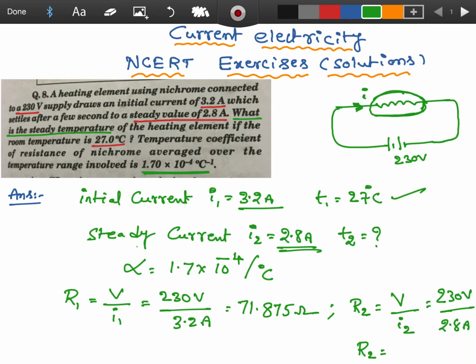Students, are you following? Initially the current is flowing at room temperature, 27 degrees Celsius, and no heating effect was there. But once the current flows, the heating effect of the current develops. The resistance opposes the current, so heating takes place and the temperature increases.